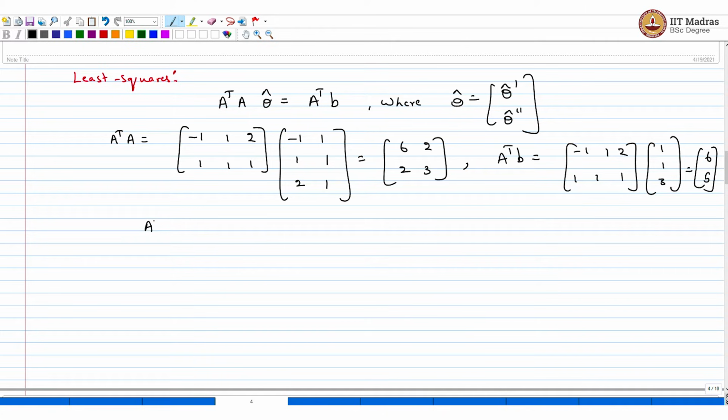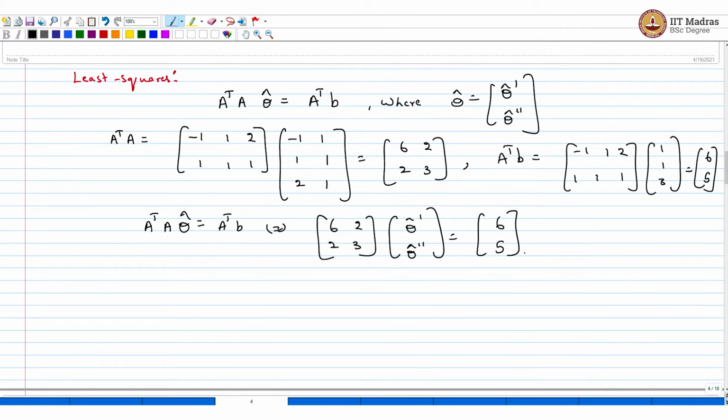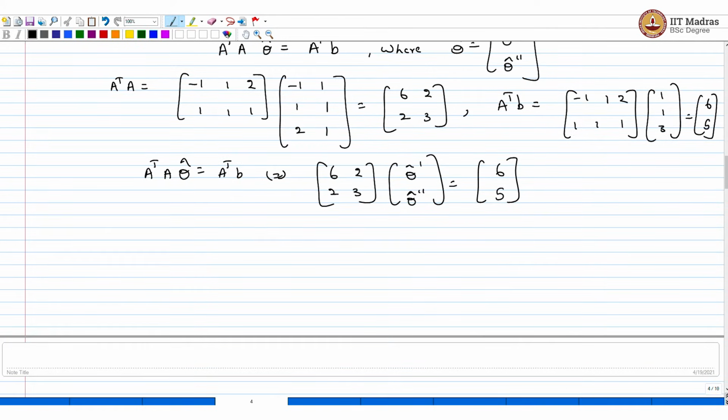So, what you have is A transpose A theta hat equals A transpose B, which is the same as [6, 2; 2, 3] times [theta hat prime, theta hat double prime] equals [6, 5]. This is just a normal, high school simultaneous set of equations which can be solved: 6 times theta hat prime plus 2 times theta hat double prime equals 6, and 2 times theta hat prime plus 3 times theta hat double prime equals 5.